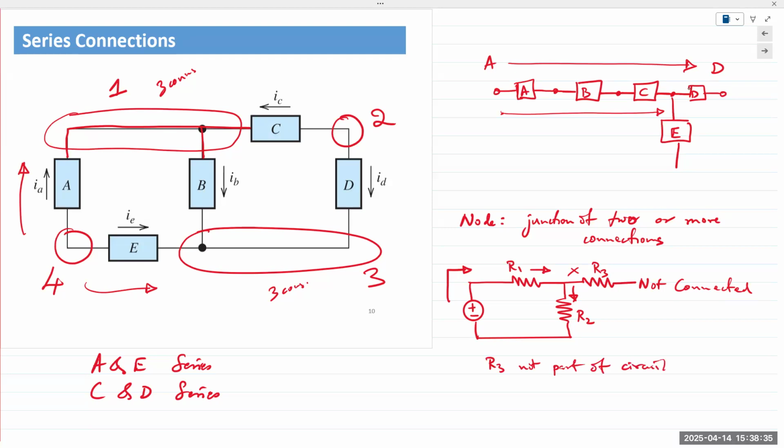And R1 and R2 are in series. Okay, is that clear to everyone? Make sense? One other thing: if a resistor is connected open like this at the other end, what is the voltage drop across R3?